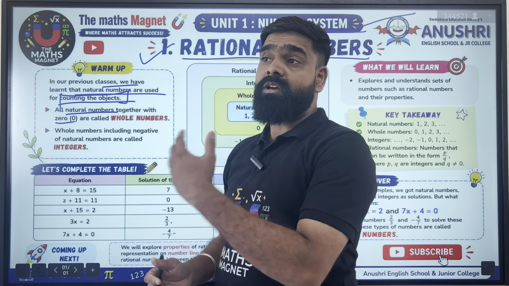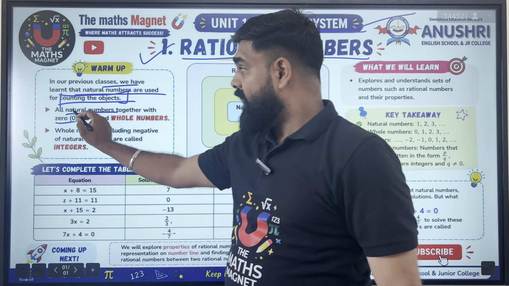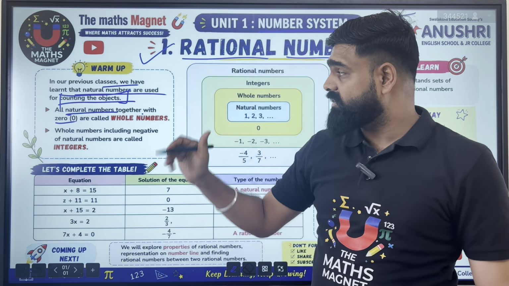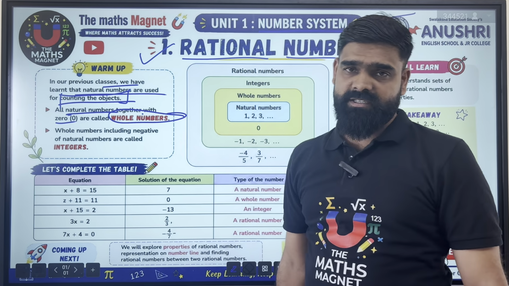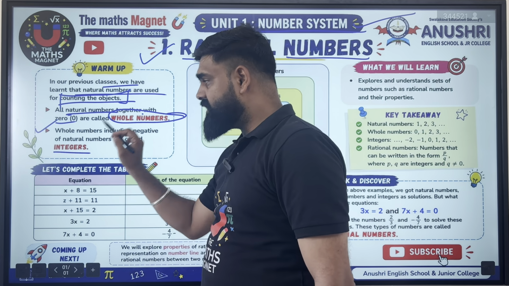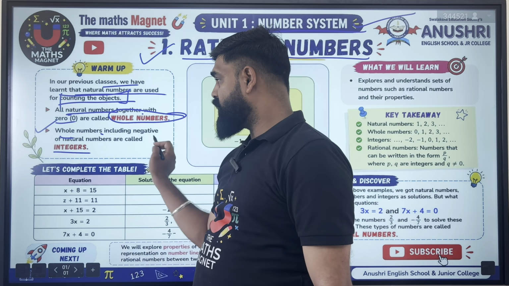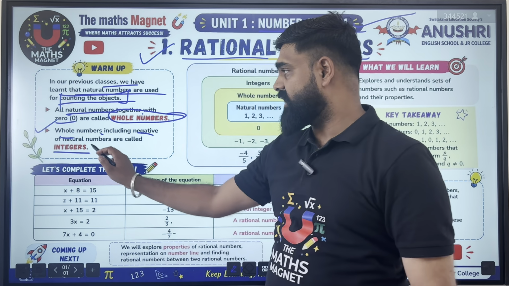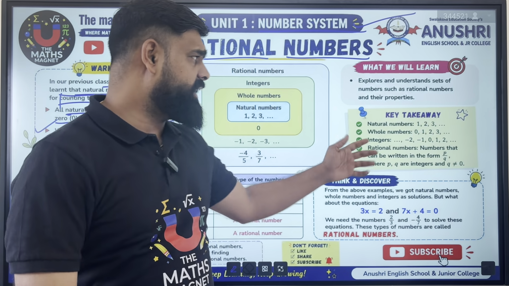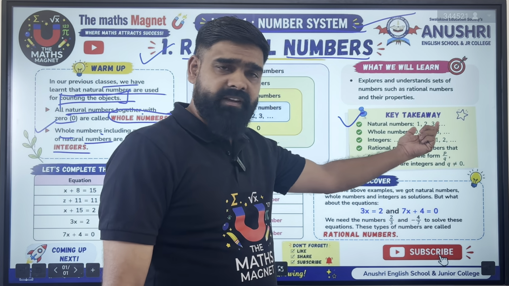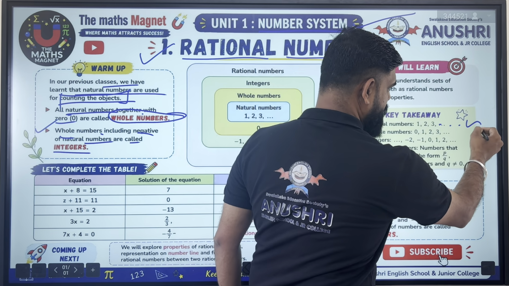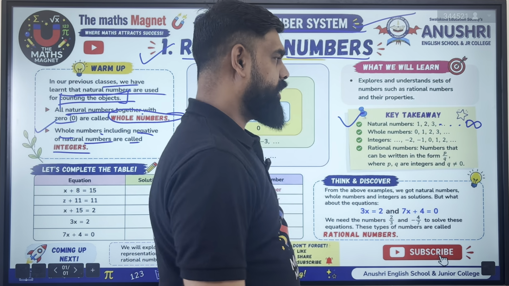And when we include 0 before 1, all the natural numbers together with the 0, those numbers become whole numbers, right? And we also knew about the integers. Whole numbers including negatives of natural numbers are called integers. Natural numbers start with 1, 2, 3, 4 and go up to positive infinity.